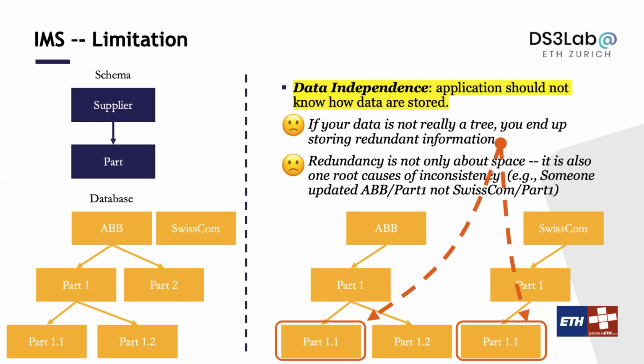This type of redundancy is not only about space, but is also the root cause of inconsistency. Think about someone updating part 1 here, and some other person updating this part 1. They will have inconsistent information.